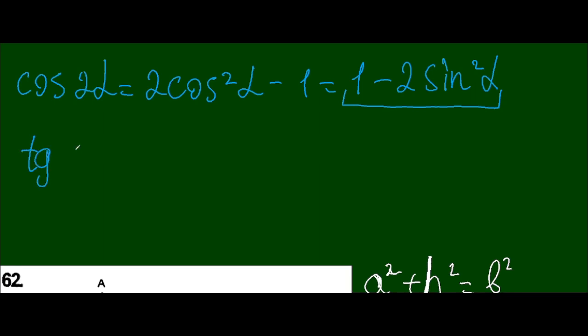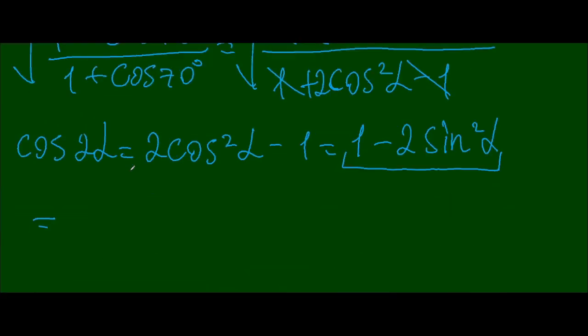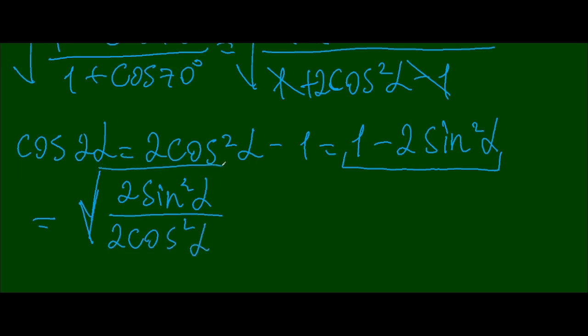So at the end we'll get the square root of 2 sine squared alpha over 2 times cosine squared alpha, and the 2s cancel.